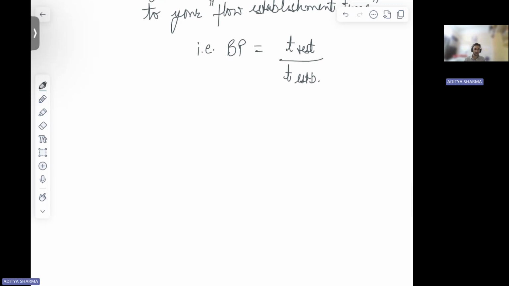So for your laminar flow, a BP in the range of 3 to 4 is considered good. For turbulent flows, we want more test time, so we want the BP to be around 20 to 50. Okay, so we want more test time. So this is there.